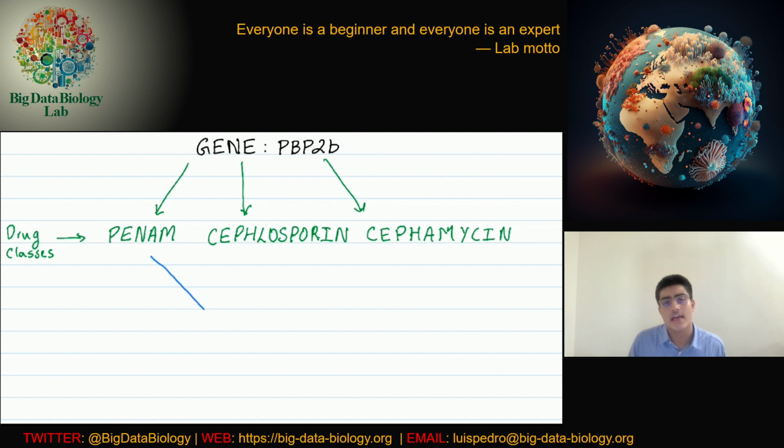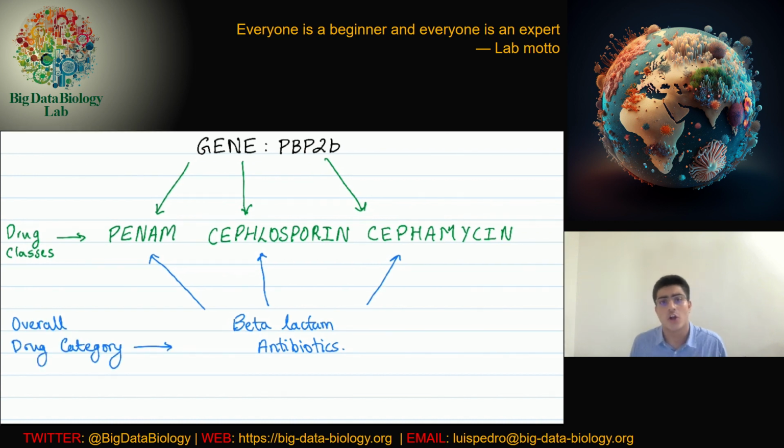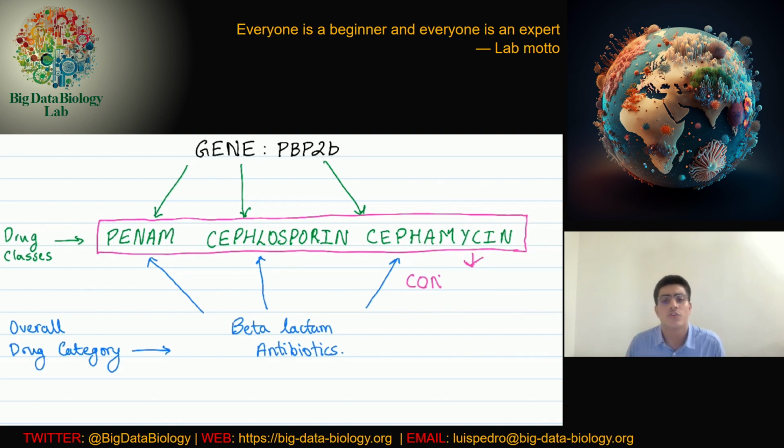These drug classes can then be categorized into a broader category of beta lactams. argNorm provides support for this classification and adds the confers resistance to immediate drug class and overall category of drug class columns to ARG annotations.